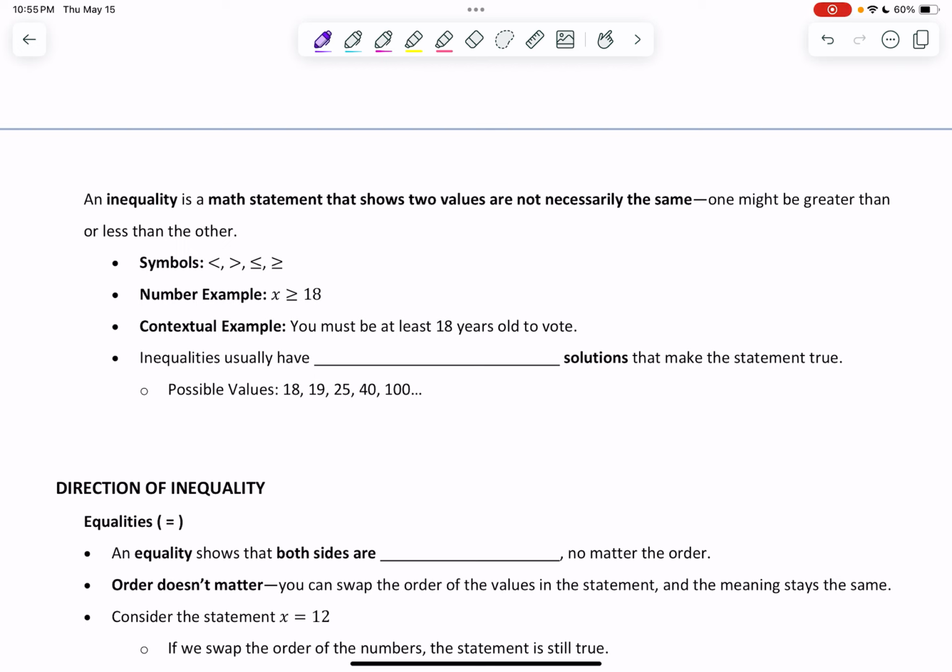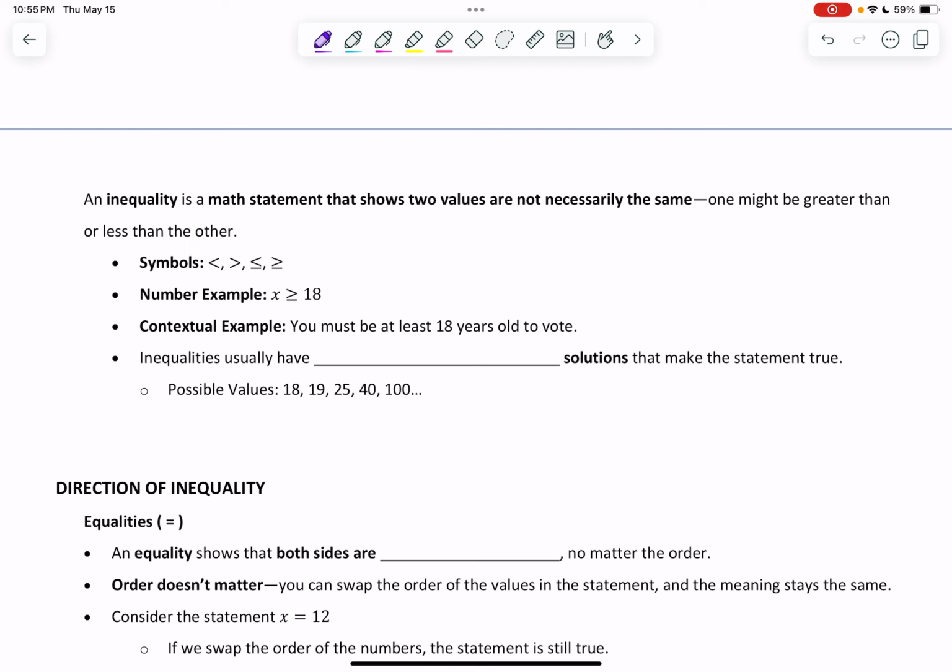A numerical example can be x is greater than or equal to 18. A contextual example can be you must be at least 18 years old to vote, which means I can be exactly 18. I could have turned 18 today, and then I could vote. But I could also be like 47 or 25 or 106.